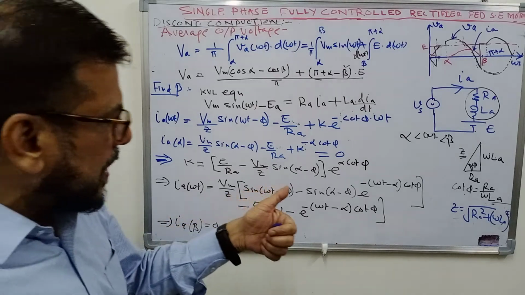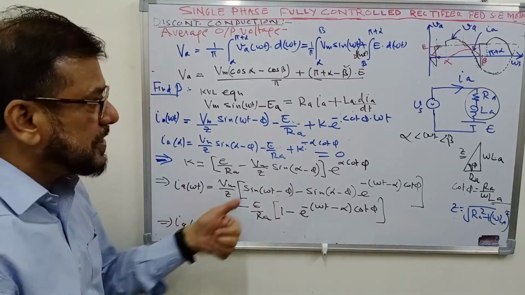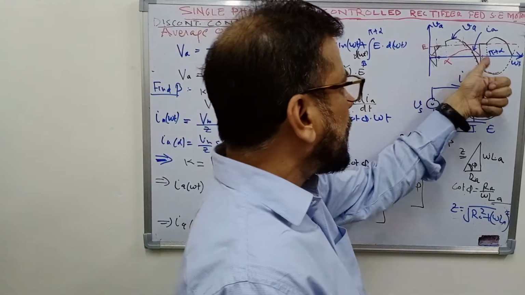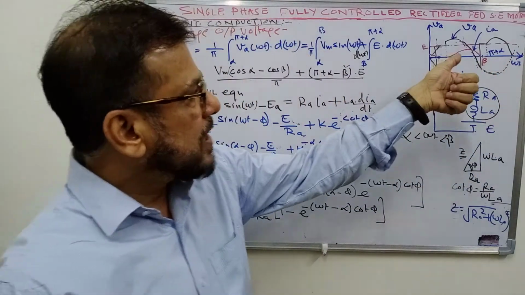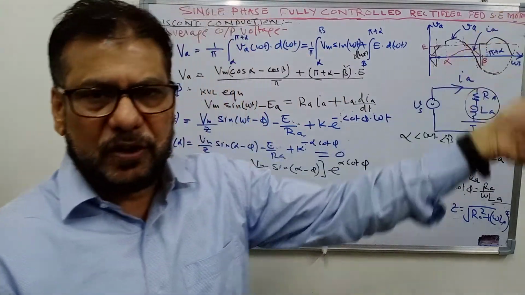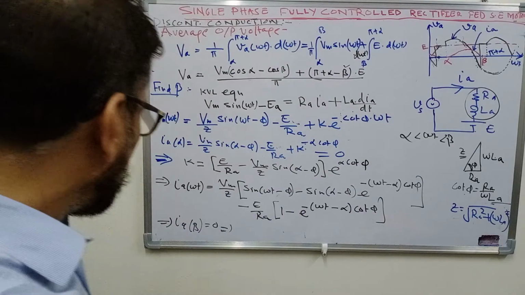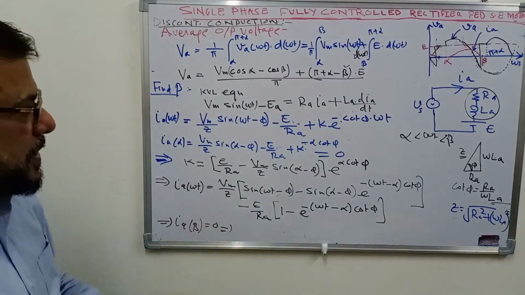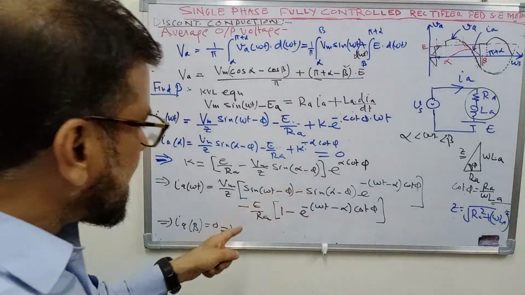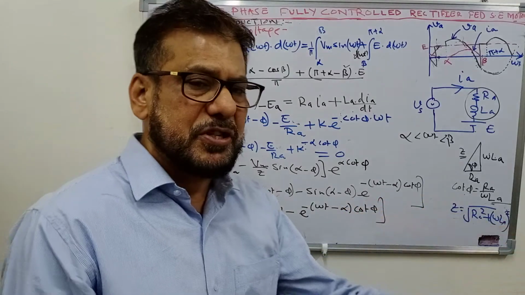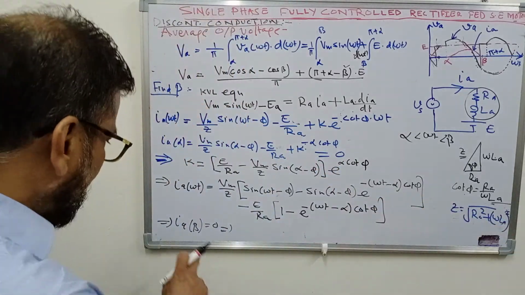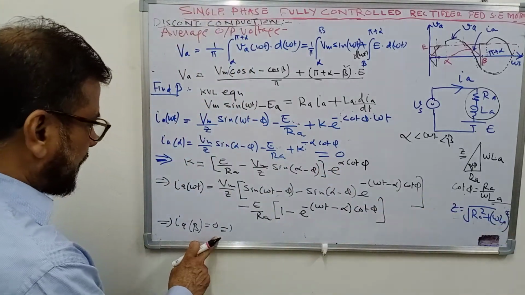And you can find the value of beta, applying the boundary condition that at omega t equal to beta, current again falls to 0. So to find out the value of beta, you just put omega t equal to beta and equate the equation to 0. That is, we have to make Ia beta equal to 0.